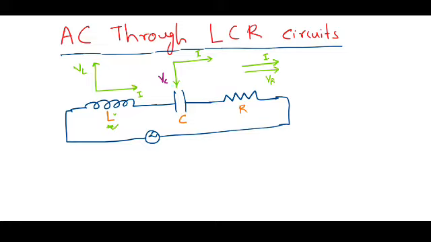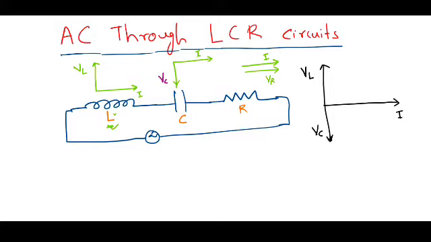If we plot the phasor diagram of this LCR circuit, then on the x-axis we plot the current, and since the voltage leads in the inductor, we write it here on the positive y-axis. Since the voltage lags behind the current in the capacitor circuit, we write VC in the negative y direction.